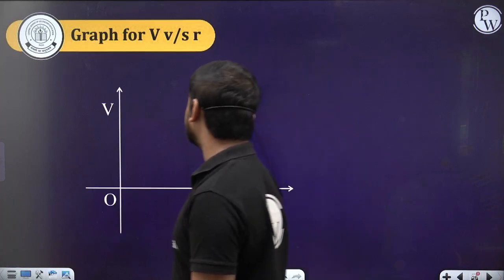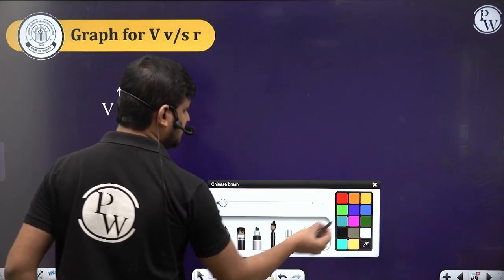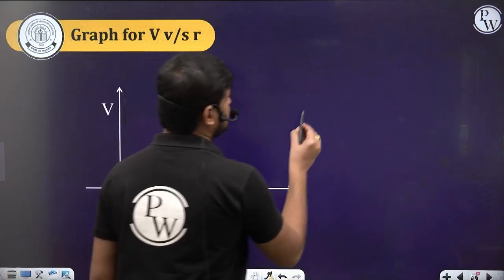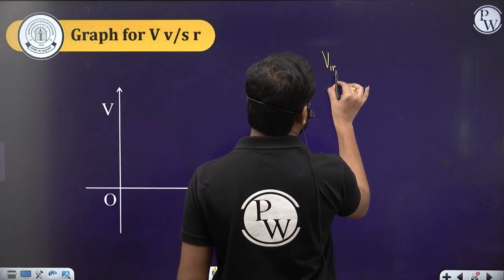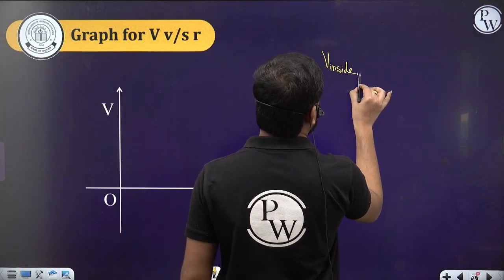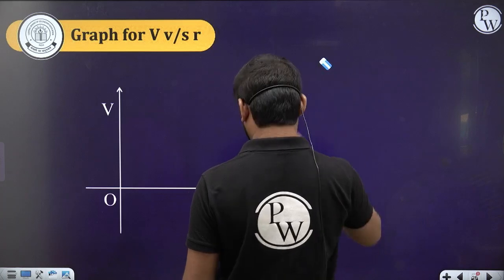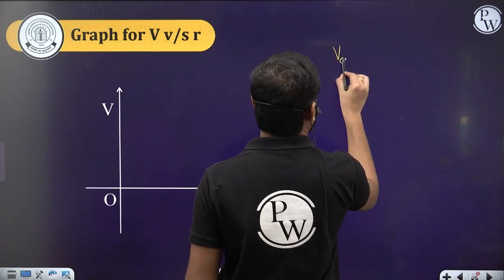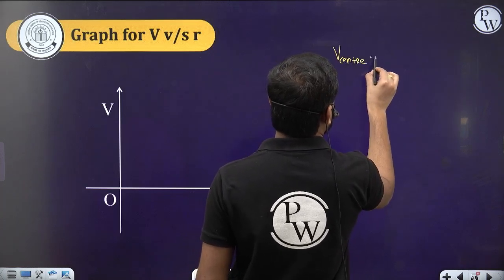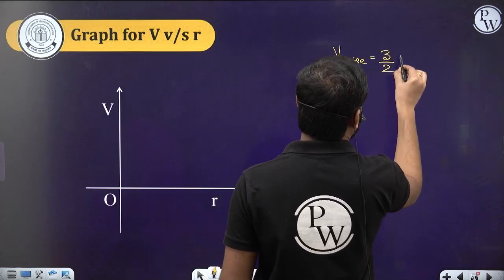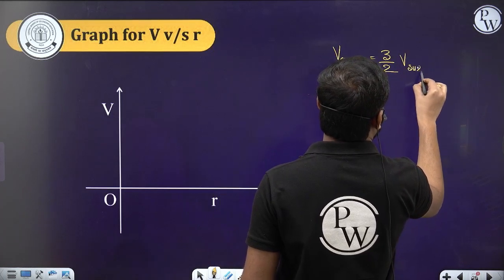So let's draw the graph for this. First, you can remember this relation: V at the center is equal to 3 by 2 times V at the surface.